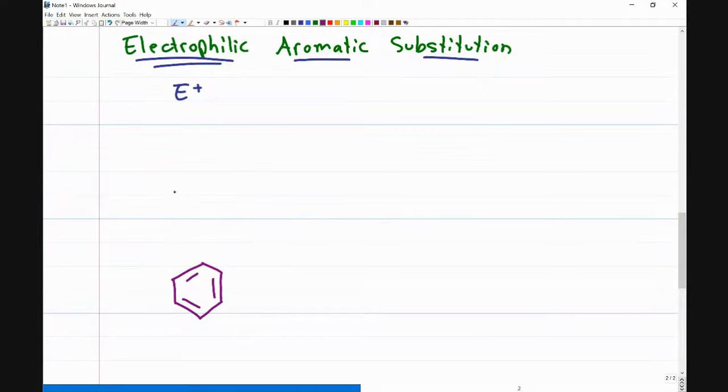If I take a simple alkene, for example, 2-butene, and I react it with something like Br2 in an inert solvent such as CCl4, you should remember from your Orga-1 reactions that I will get halogenation. I will get one bromine adding to one face and one bromine to the other face in an anti-addition, where 2 bromines replace the pi bond.